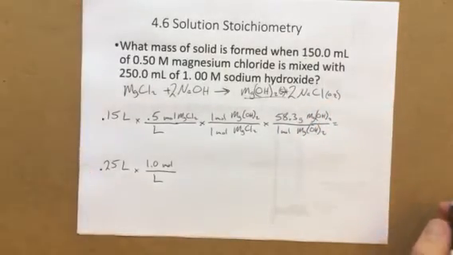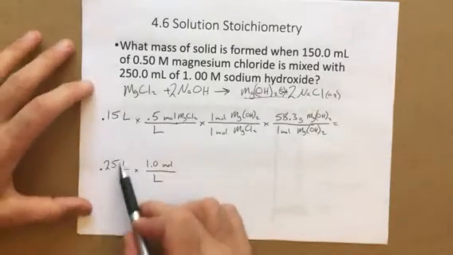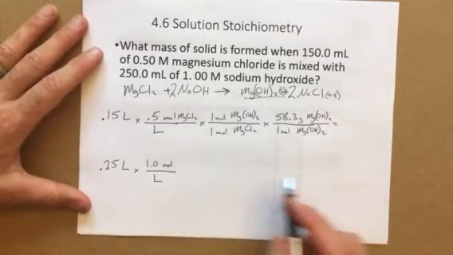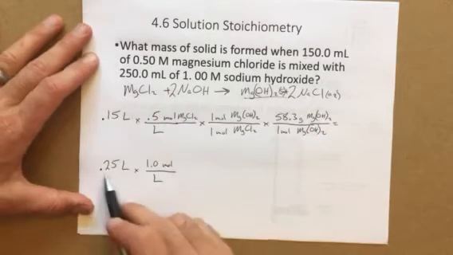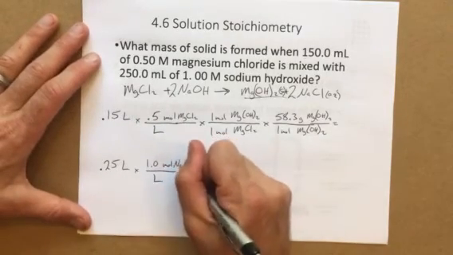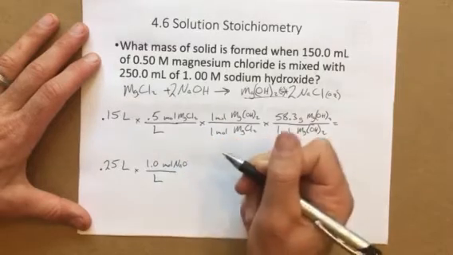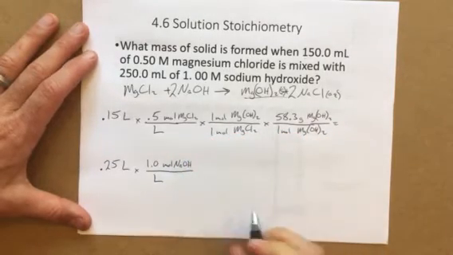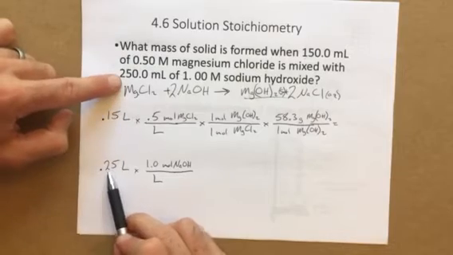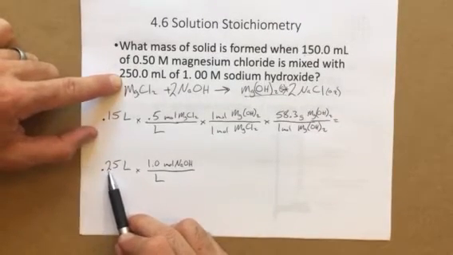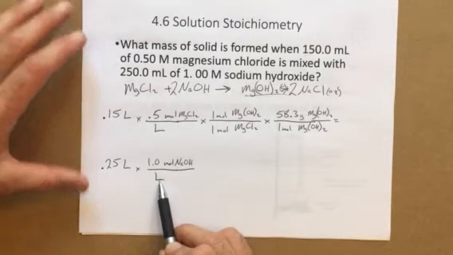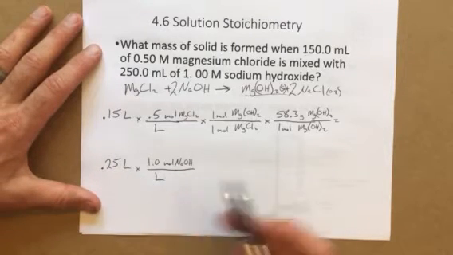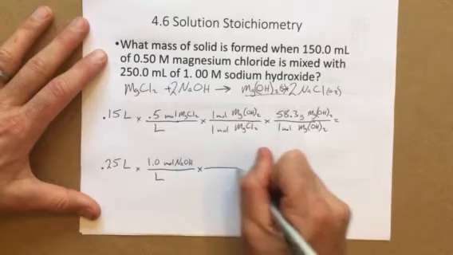Okay. But we don't know if that's going to be our answer because this is a limiting reactant problem. We don't know which one's going to run out first, the magnesium chloride or the sodium hydroxide. So we'll do the same thing down here for the sodium hydroxide. All right, so from the problem, we had 250 milliliters or 0.25 liters, and it was a 1 molar solution. So 1 mole of sodium hydroxide for every liter of solution. The liters will cancel out. That'll give us moles of sodium hydroxide.